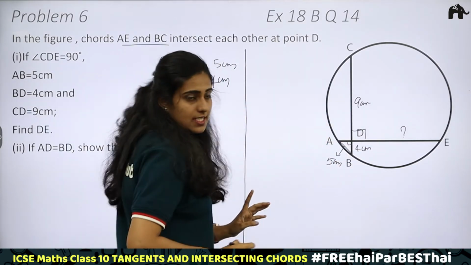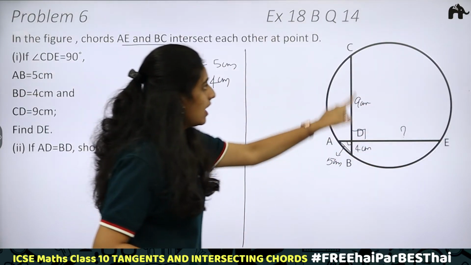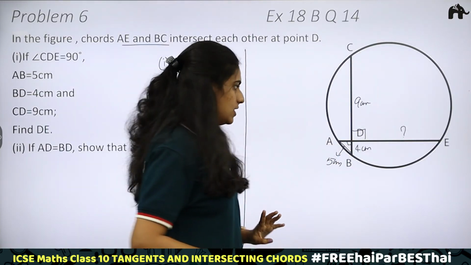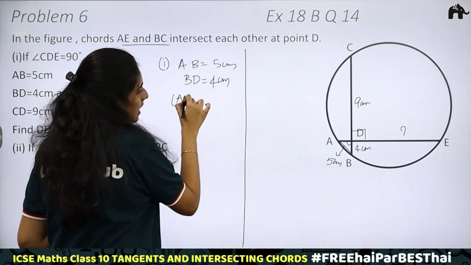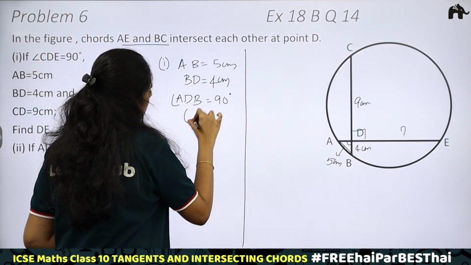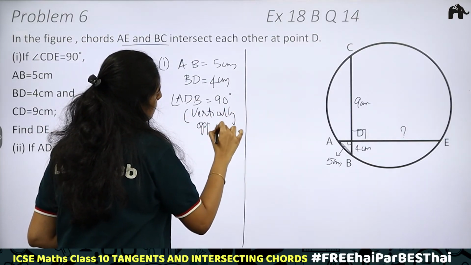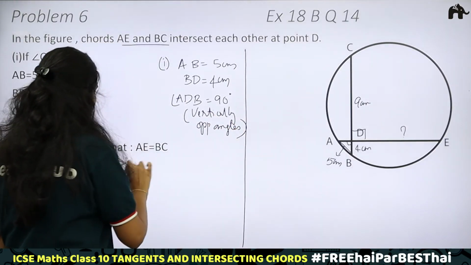They are vertically opposite angles. AE and CB cross each other. Therefore, angle CDE and ADB are vertically opposite angles. Angle ADB is equal to 90 degrees.